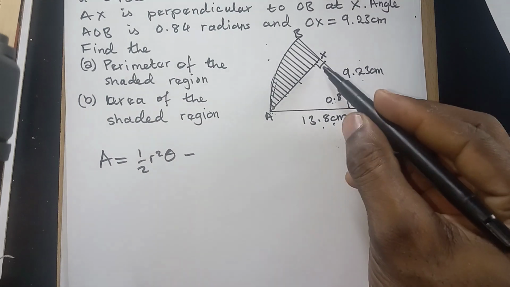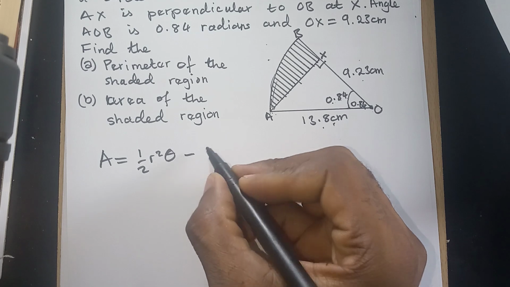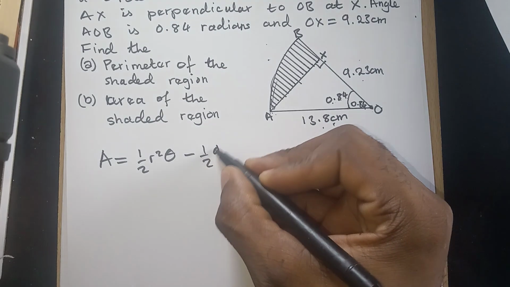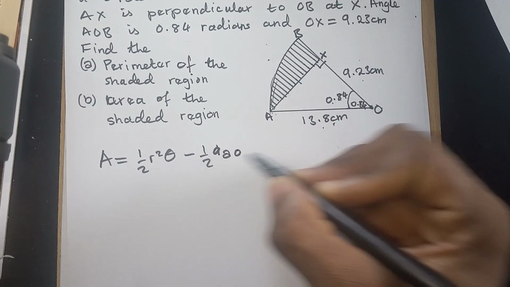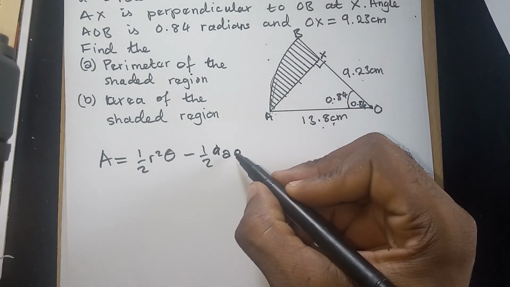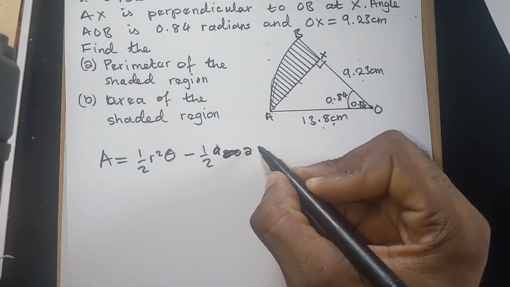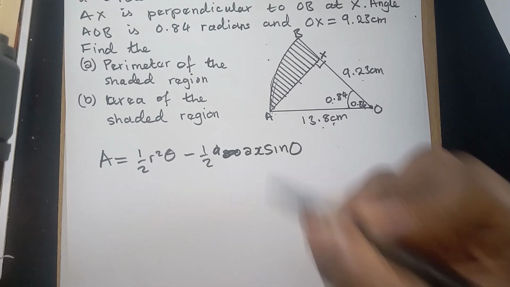And then to find the area of this triangle, it's up to you. You can say half, and in this case, we have A, O, and then actually this side, let me use the correct letters. So we have half a x sine O.